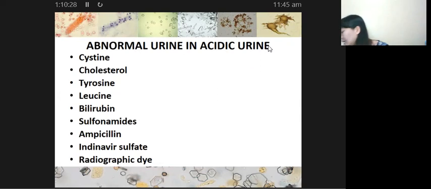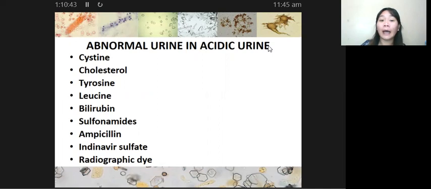If I'm not mistaken, in our module, what is written there is abnormal crystals. Okay, actually the pH is written there.